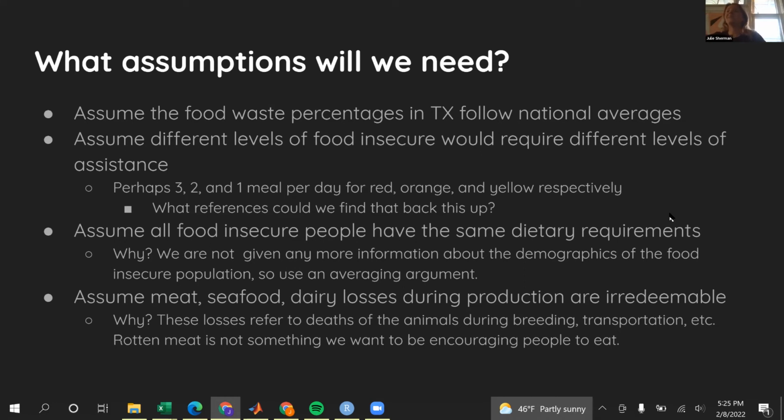And the next part is, what variables do we need?